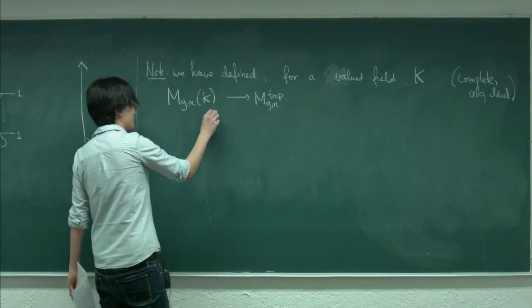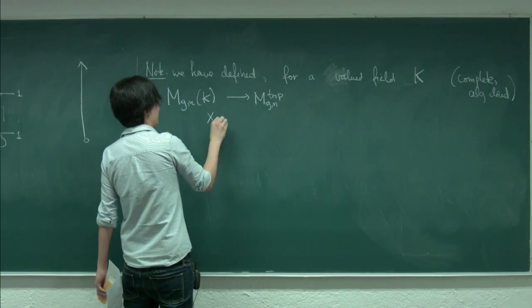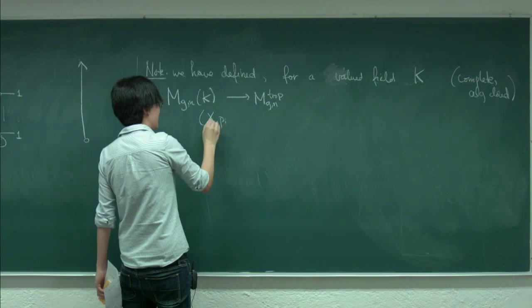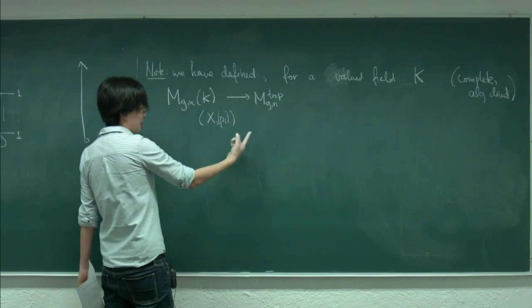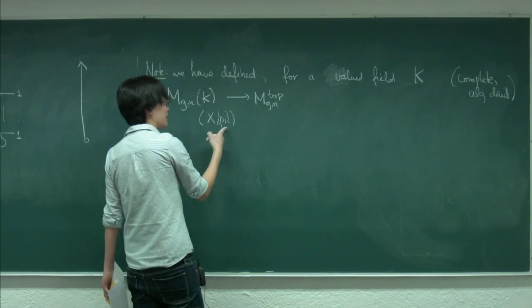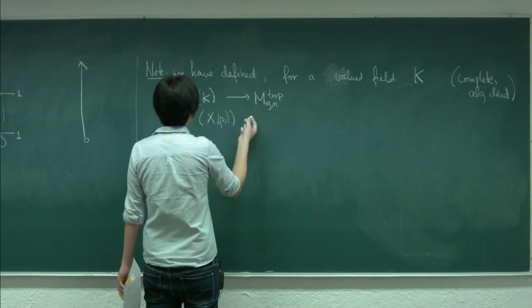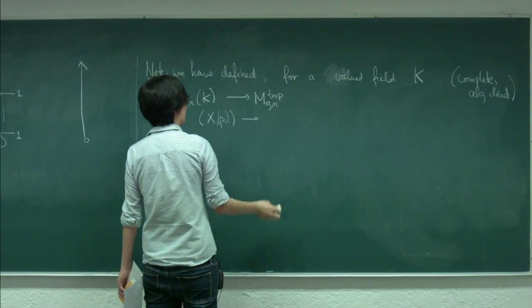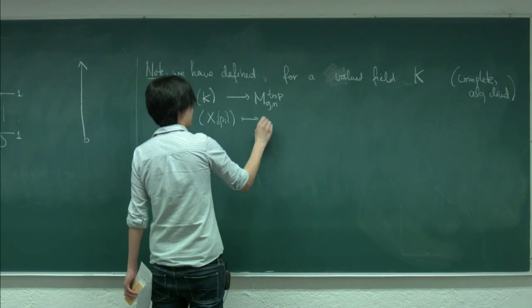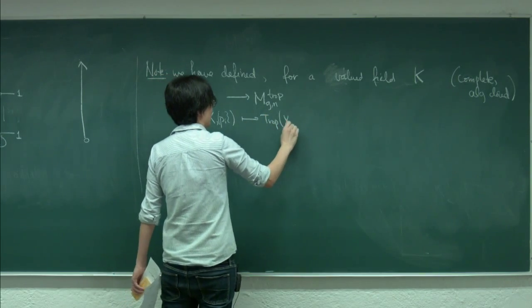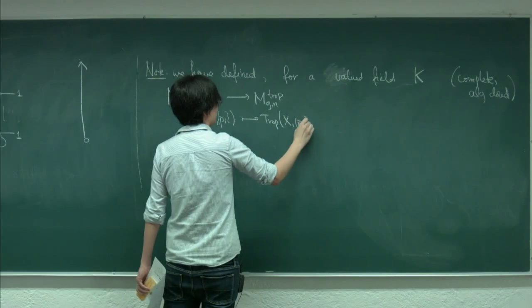That was the whole point, right? We spent a lot of time defining the tropicalization, the abstract tropicalization of a curve with n marked points of genus g, smooth over the field K, to the tropical moduli space, which I'll just write trop for the moment.